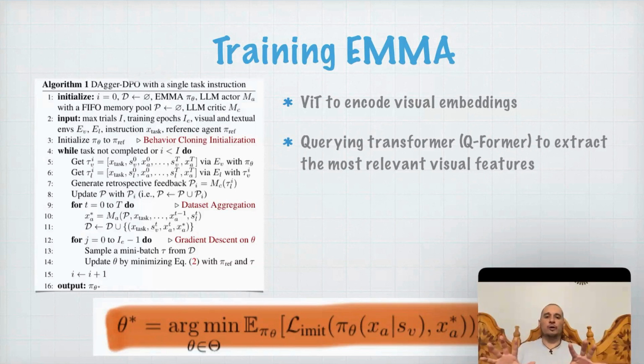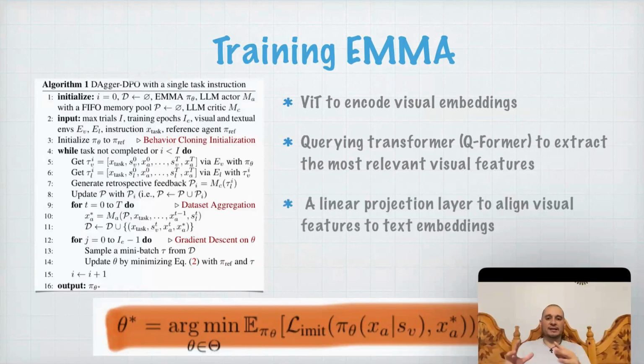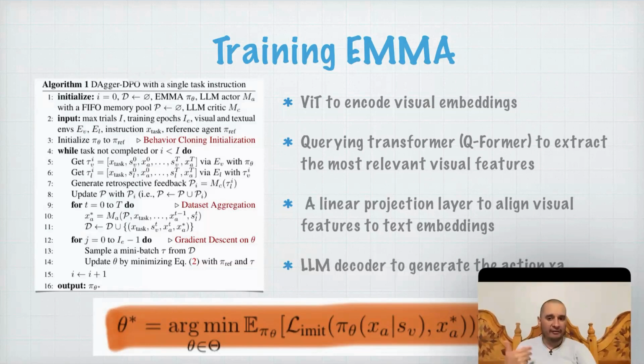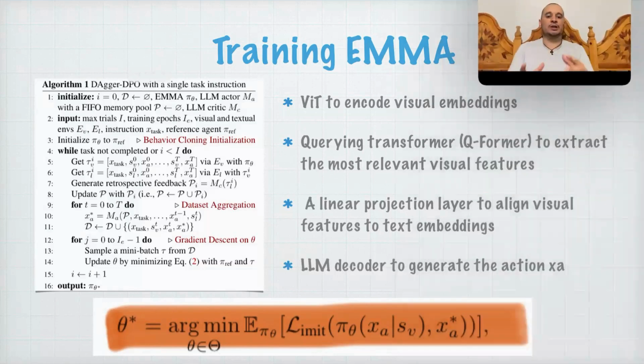What we want to do is to make the visual features as similar as possible to the text embeddings. Once this training is completed, we use a linear projection layer to align the visual features to the text embeddings. In this training methodology, this consists of learnable weights. So there's a process where the weights are updated. And finally, as we saw, the LLM decoder generates the action XA.